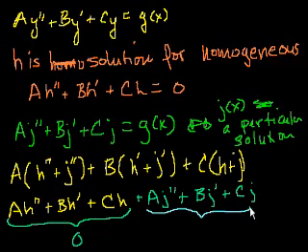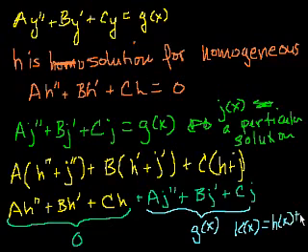So this is equal to g of x. So when you substitute h plus j into this differential equation, on the right-hand side, true enough, you get g of x. So we've just shown that if you define h and j this way, the function, we'll call it k of x, is equal to h of x plus j of x.